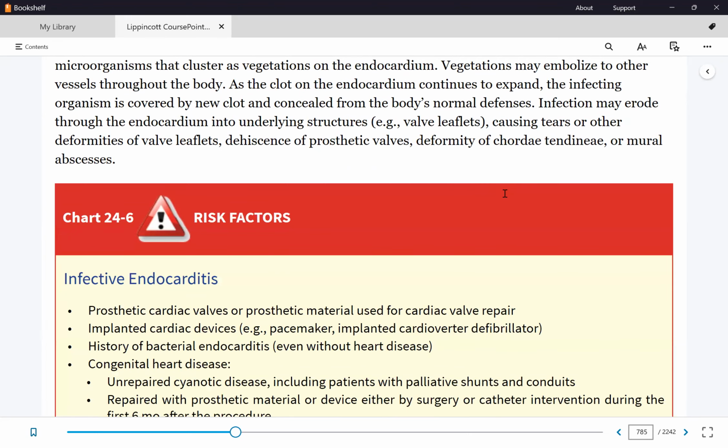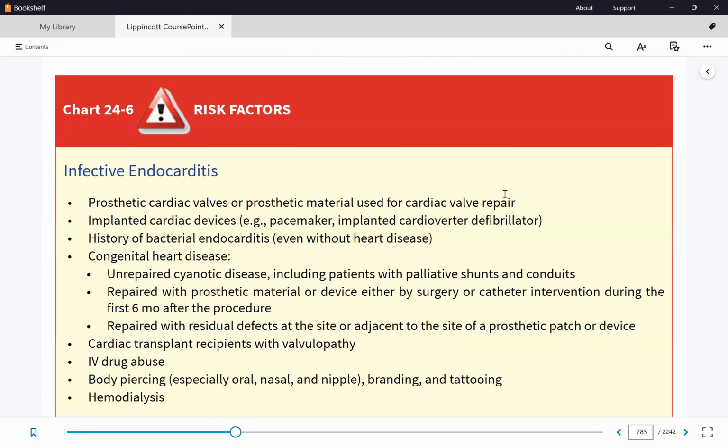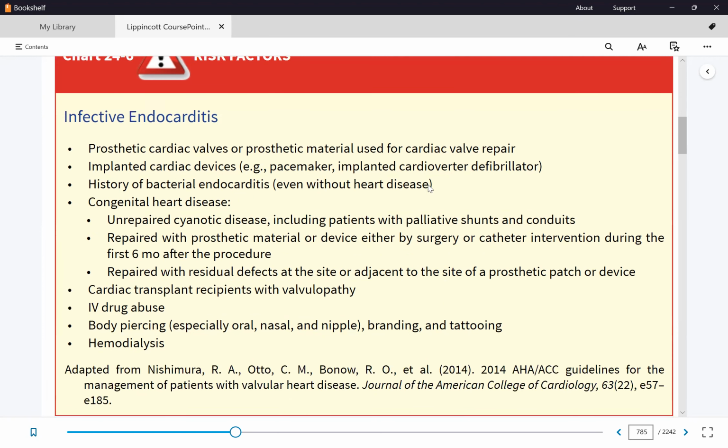So here are your risk factors, chart 24-6. Who gets infective endocarditis? We already mentioned people with central lines. Second, illicit IV drug users. And surprisingly, a person who has either a repaired or unrepaired damaged valve is at high risk for infective endocarditis.